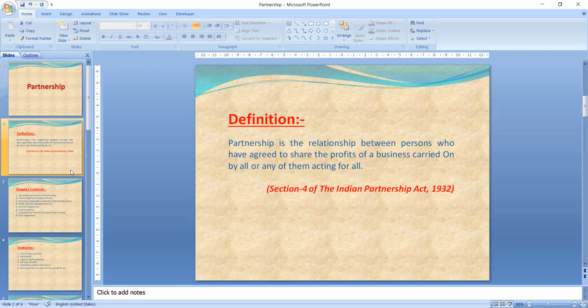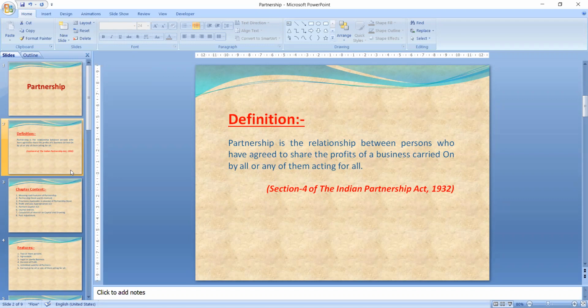Share the profit of a business carried on by all or any of them acting for all, means partners can operate their business individually or combinedly. If there are 5 partners, then maybe one can operate the business, two can together operate the business, three partners can together operate a business, and two partners are sleeping, means doing nothing.